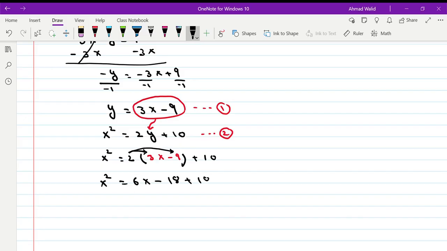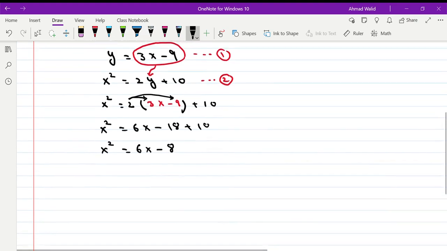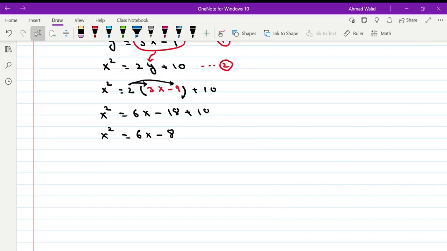Let's simplify a little bit more. x squared equals 6x, and negative 18 and 10 gives you negative 8. Now bring everything to one side. Remember, you are dealing with a quadratic, so one side should be 0. It means subtract 6x and add 8 to both sides.